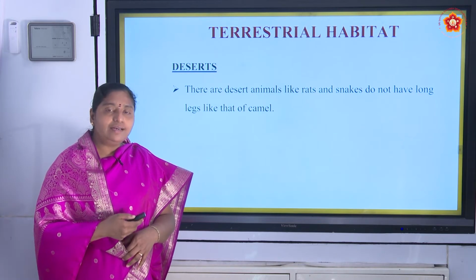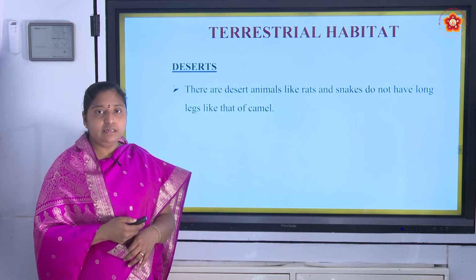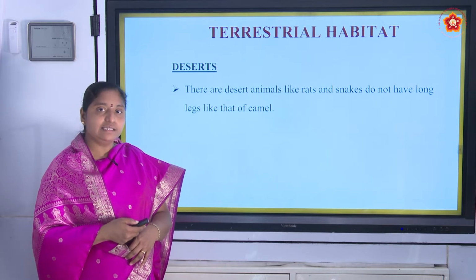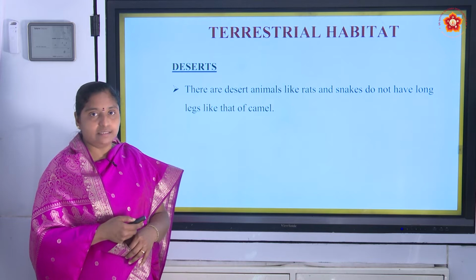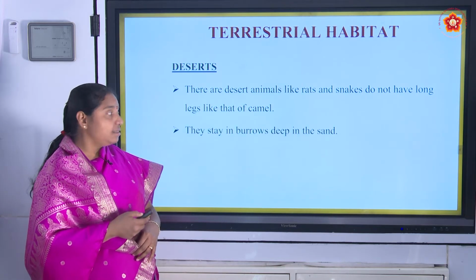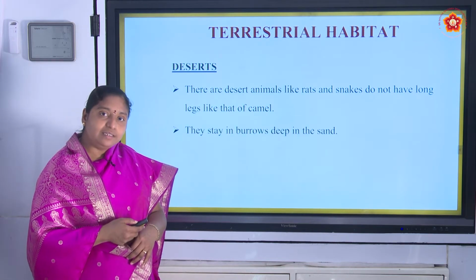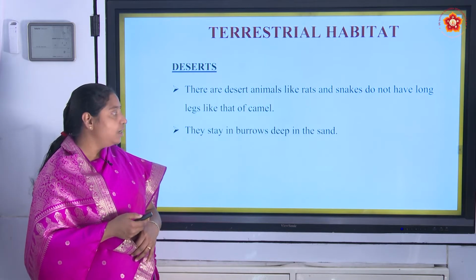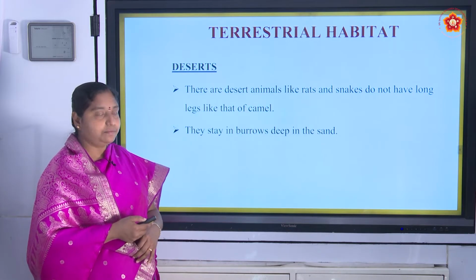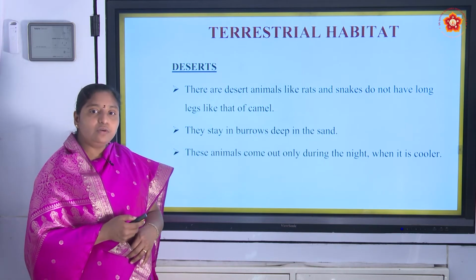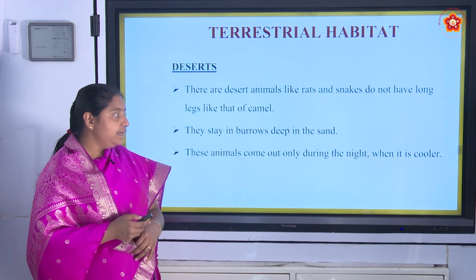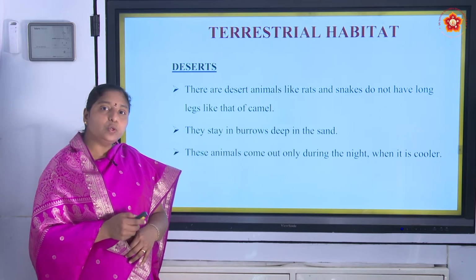But there are other animals that also live in the desert, like rats and snakes. How do they protect themselves from the heat of the sand? They stay in burrows deep in the soil, deep in the sand. These animals come out only during the night when it is cooler.